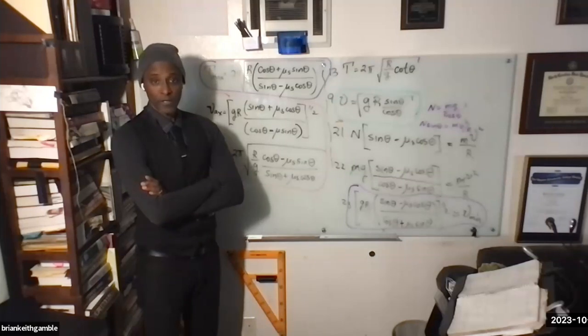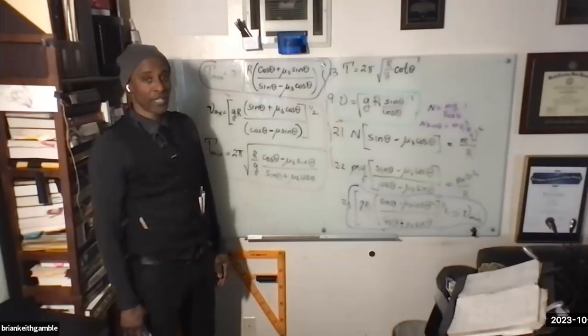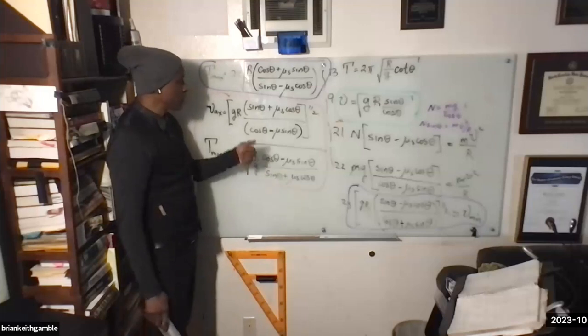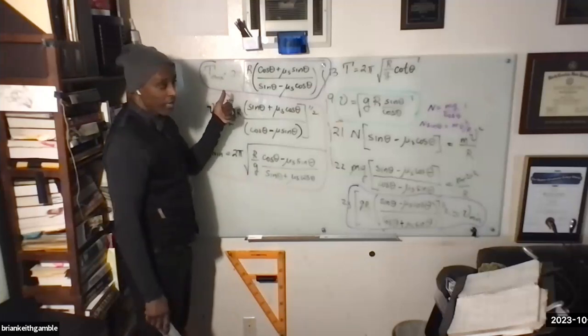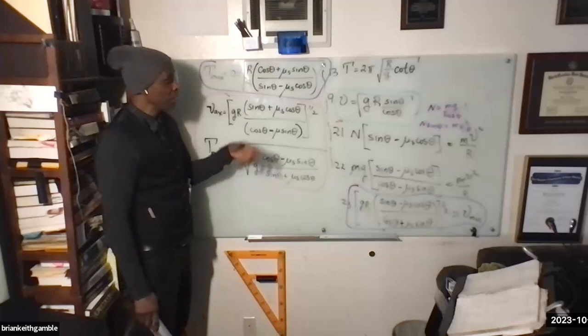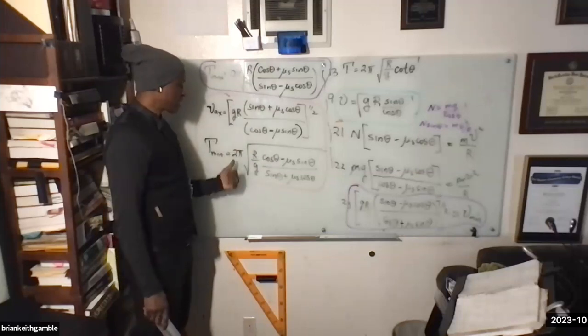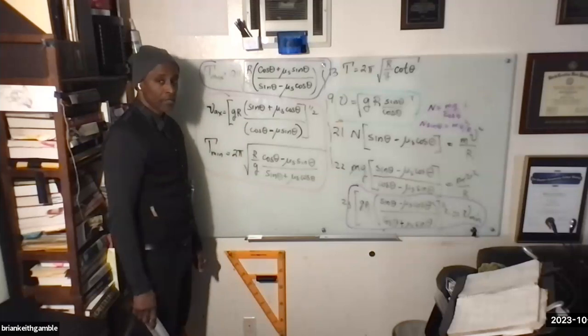You see that? So if that's the only change, and you didn't make any other mistakes, you can jump to the solutions you had before. Everywhere you see a mu_s, the frictional term, just change the sign on it, and it gives you the answers for both the velocity and the period.